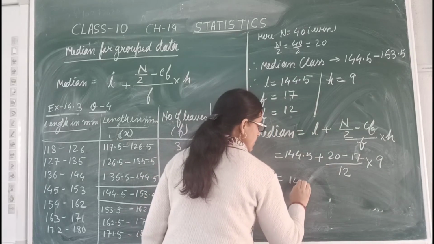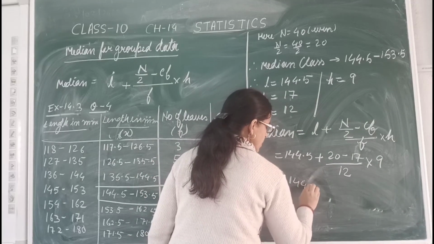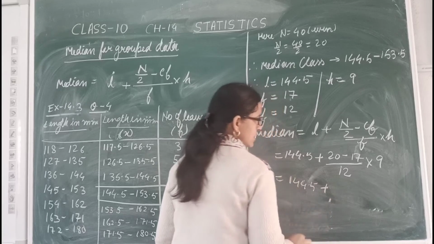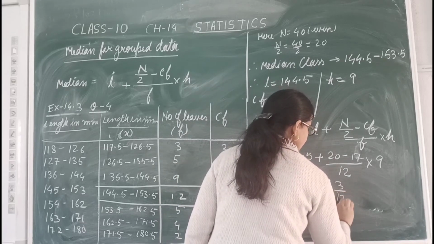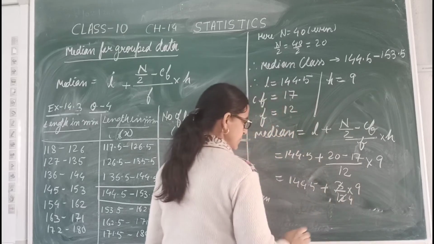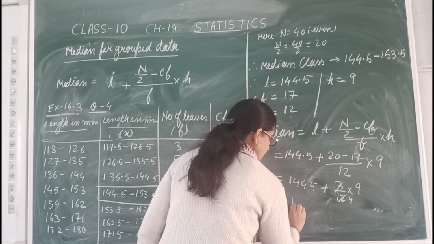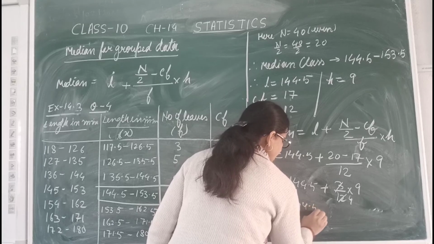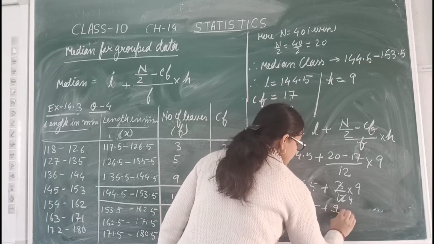So this will be equal to 144.5 plus over here 3 by 12 into 9. So 3 fours are 12. So over here 144.5 plus 9 by 4.